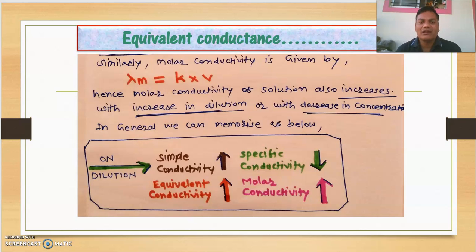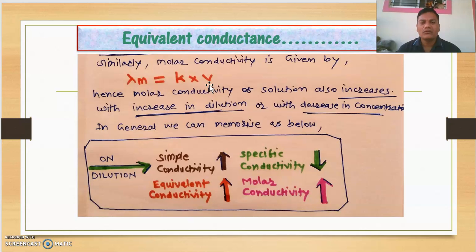Similarly, molar conductivity is given by lambda m is equal to K into V. याच्या पाठीमागच्या स्लाइड मध्ये आपण इक्विव्हॅलेंट कंडक्टन्स बघितला. आता मोलार कंडक्टन्स वरती त्याचा काय इफेक्ट होत असेल? सेम, कारण इक्विव्हॅलेंट आणि मोलार कंडक्टिव्हिटीचं सेम इक्वेशन आहे. लॅम्बडा V is equal to K into V आणि इथं फक्त लॅम्बडा m is equal to K into V. म्हणजेच molar conductivity of solution also increases when we make dilution or when we increase the dilution.